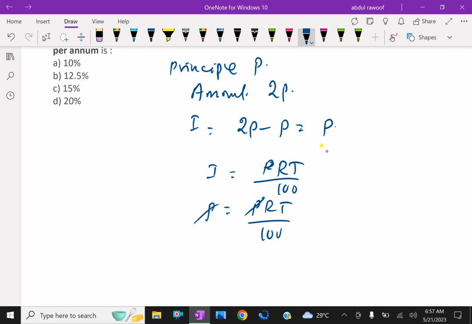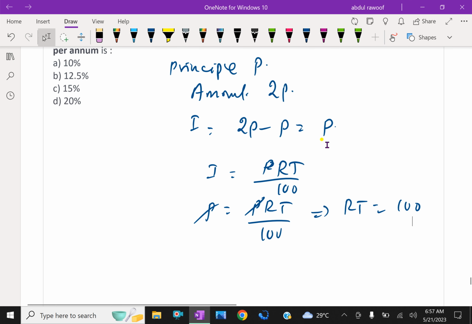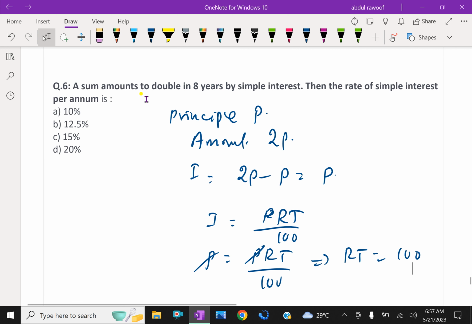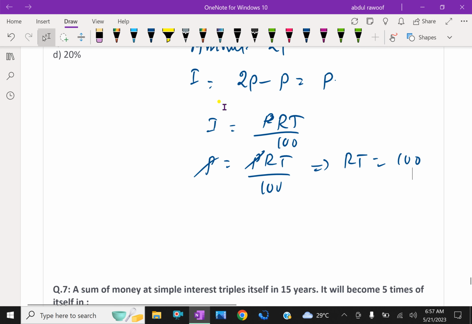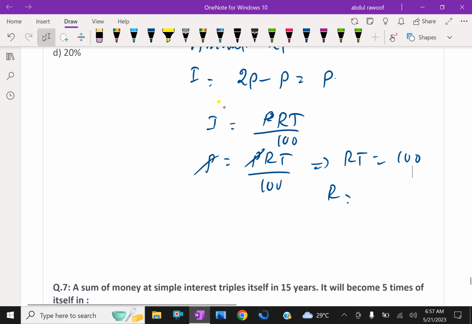P and P cut. Therefore, RT equals 100. The sum amounts double in 8 years. Therefore, R equals 100 over 8, which equals 12.5%.